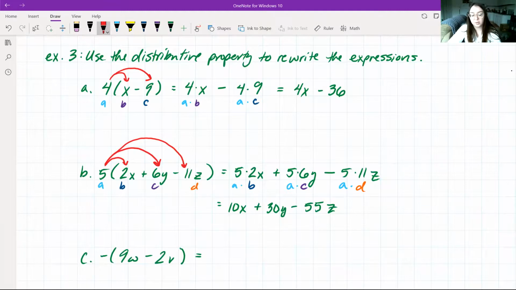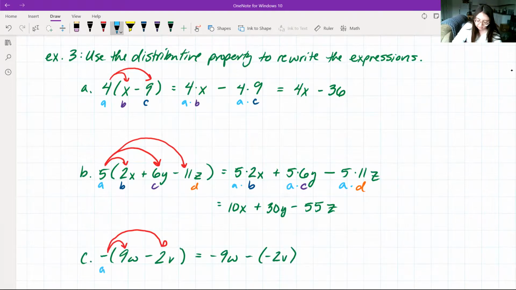In this case, all we're doing is making these numbers negative. So if we take the negative of 9w, this is going to become negative 9w. Then we apply that negative to 2v, and we're going to end up getting minus negative 2v.